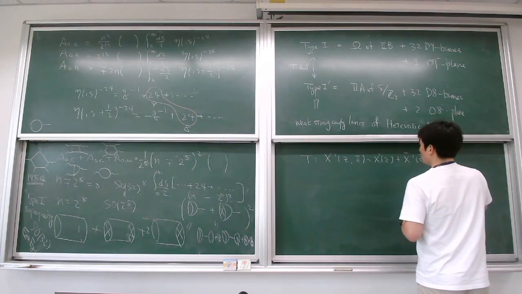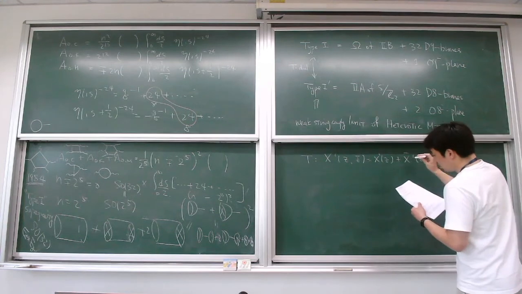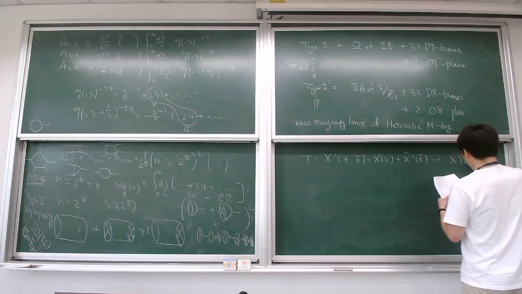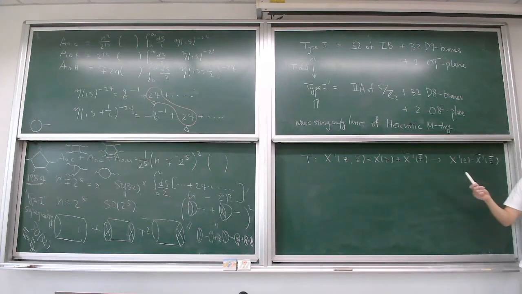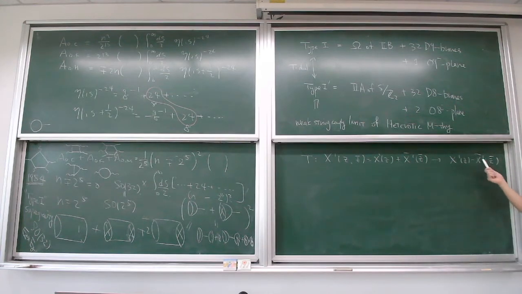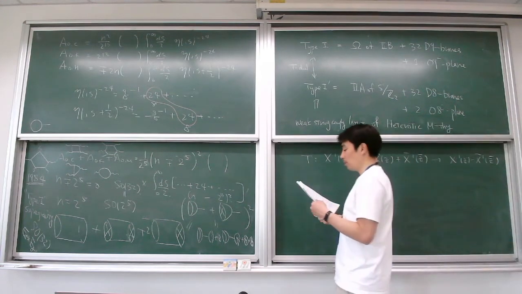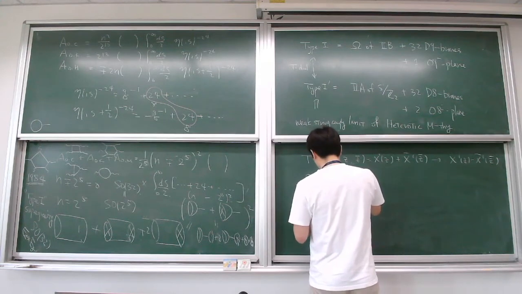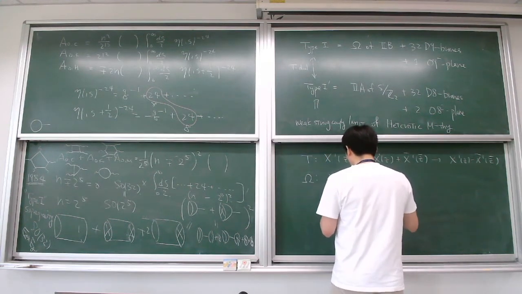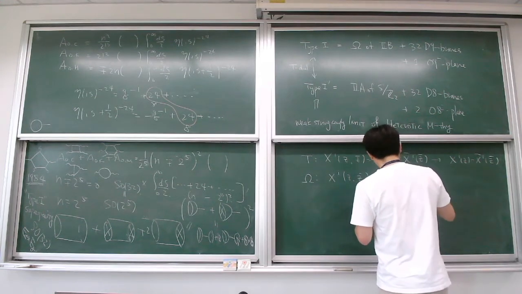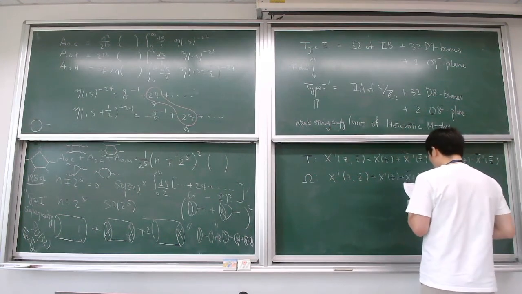It only acts on the holomorphic sector. Last time I explained that T-duality only acts on the anti-holomorphic sector, and you get the minus sign. And also, if you do the orientifold projection, you just swap the anti-holomorphic and the holomorphic.